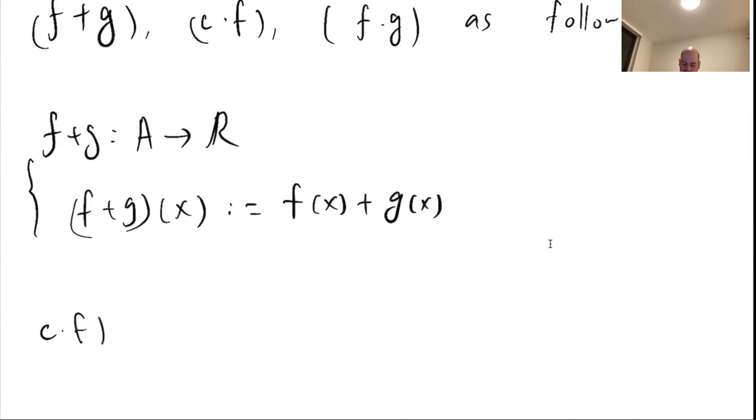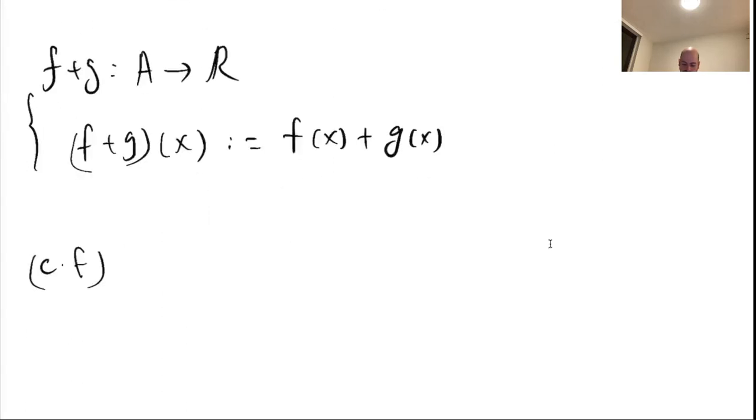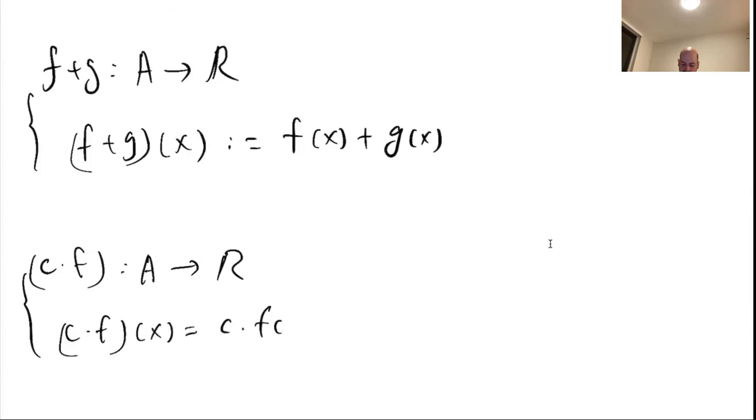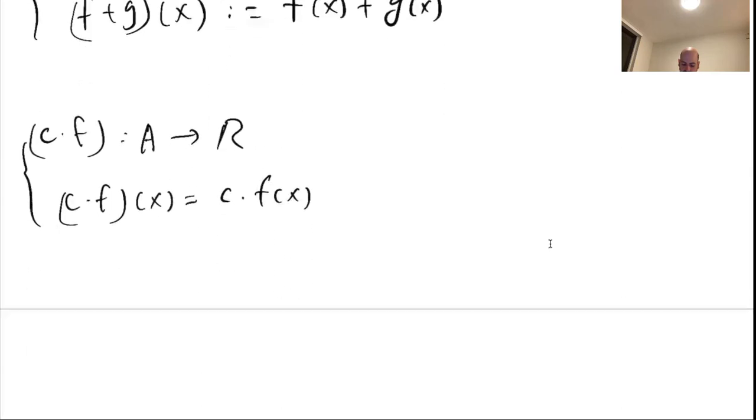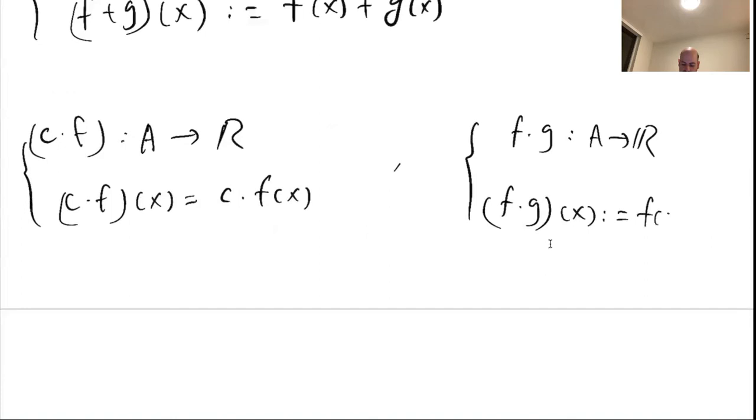Similarly, c times f will also be from A to R. Again, I have to introduce the domain, from A to R, and c times f on x is the same as c times f of x. And also f times g from A to R: f times g of x is defined as f of x times g of x.